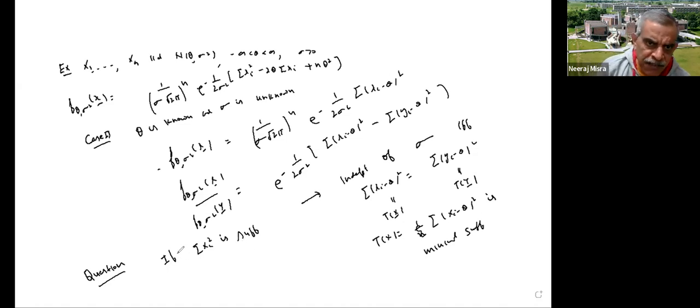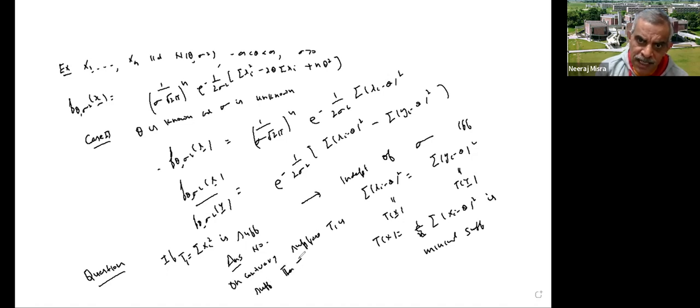So suppose T1, which is summation xi square, is sufficient. You already showed that T is minimal sufficient. So if T1 was sufficient, T should be a function of T1. The answer is no. How do you prove it? On the contrary, suppose T1 is sufficient.